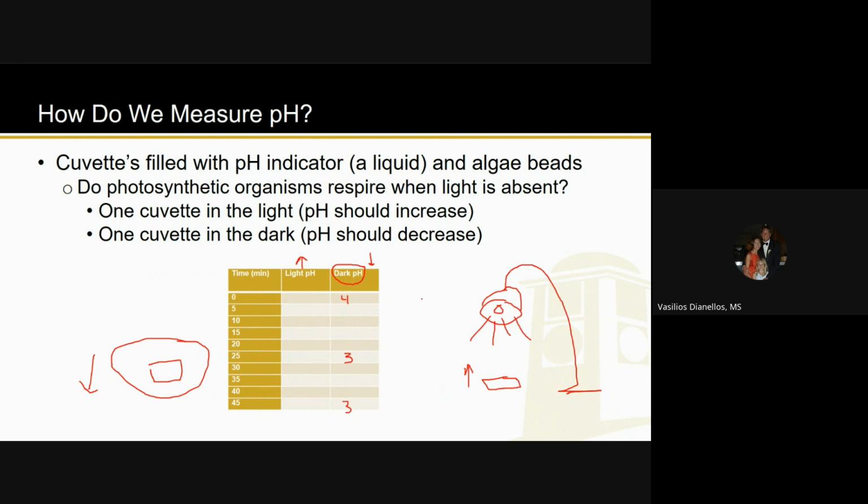Maybe the algae beads are dead. Maybe there's some other contaminant in the liquid inside those little plastic containers. Maybe you're measuring it wrong. There are so many things, right? So this is the one we're going to kind of look to. Now, don't get me wrong. If this one goes wrong and we don't have what's expected, that doesn't necessarily mean yours is also incorrect.